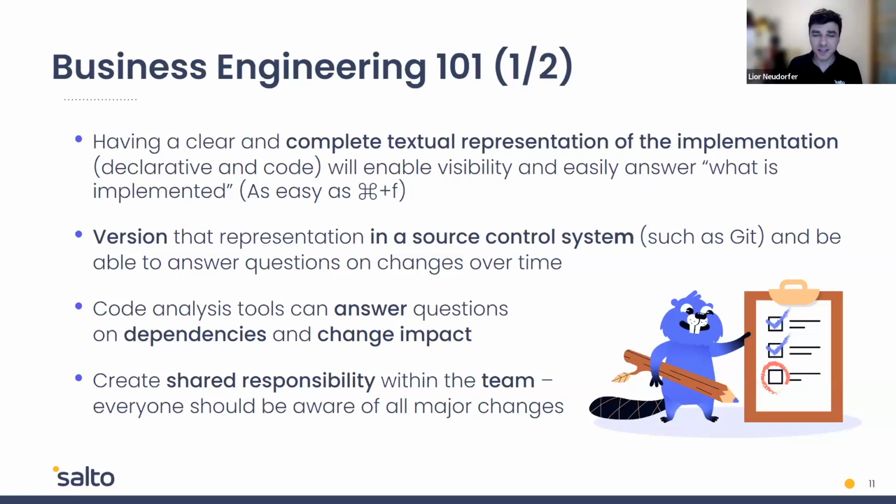You can run code analysis tools on that, and build tools which run on this code and answer complex questions. What depends on what? If I change this, what will break?